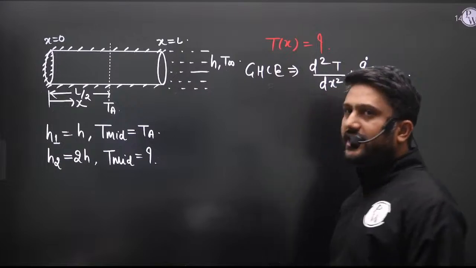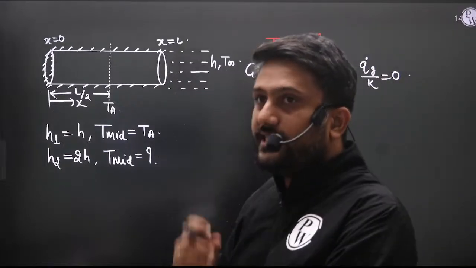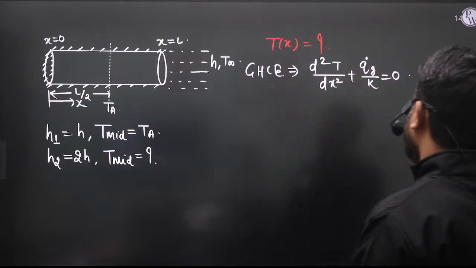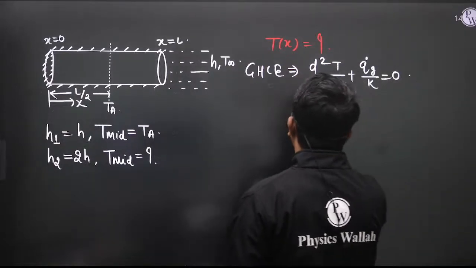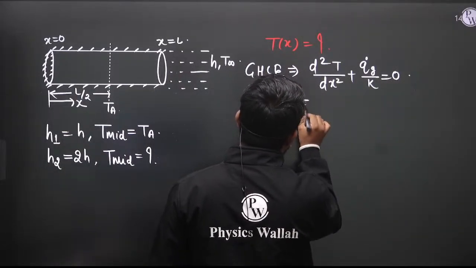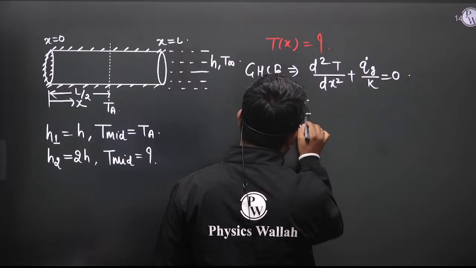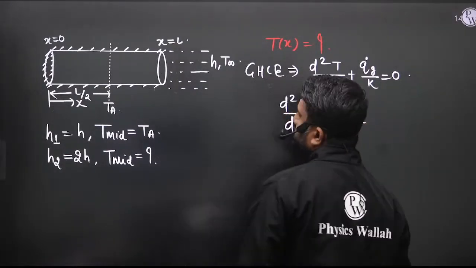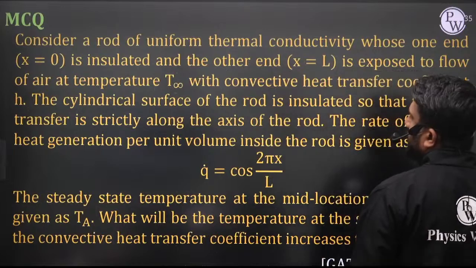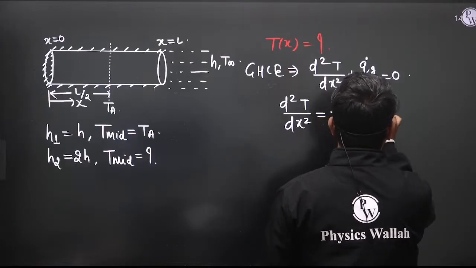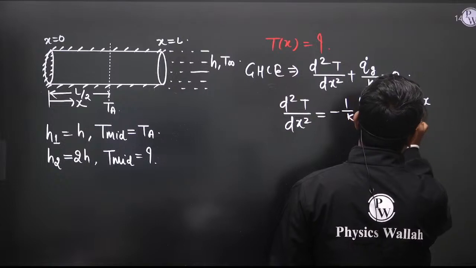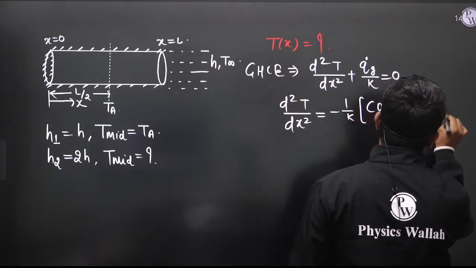This is the governing equation for this problem. Now d square T by dx square is equal to minus 1 by K times Q dot G. Now what is the Q dot G? That Q dot G is given, that is cos 2 pi x by L.